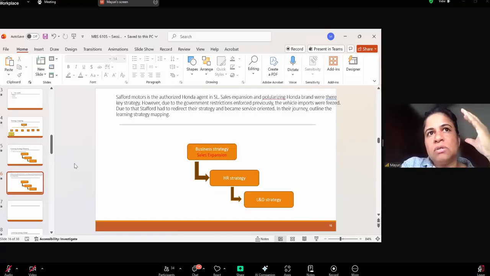The overall theme of your workforce: what type, what nature, what style of workforce is required for my business. That is the overall HR theme. What is the overall expectation of your workforce? That is your strategy.